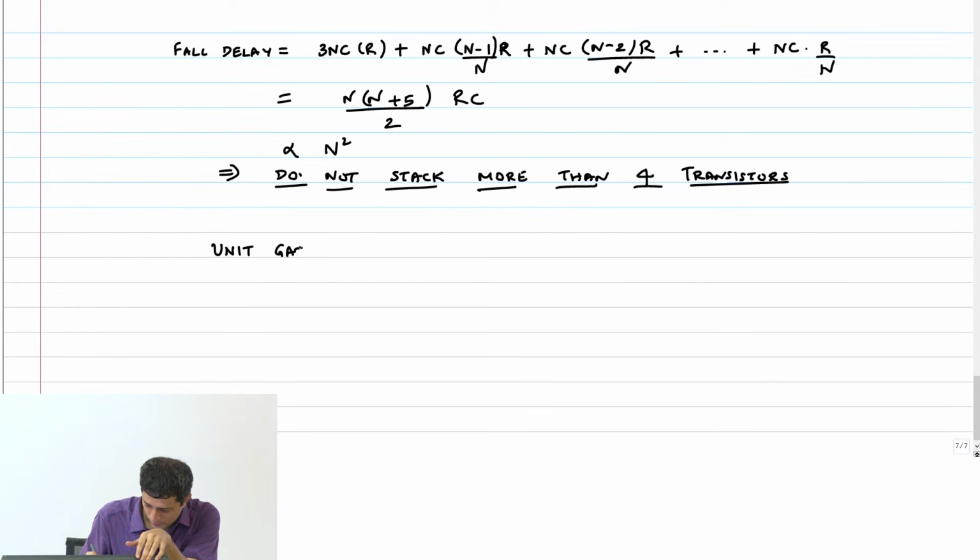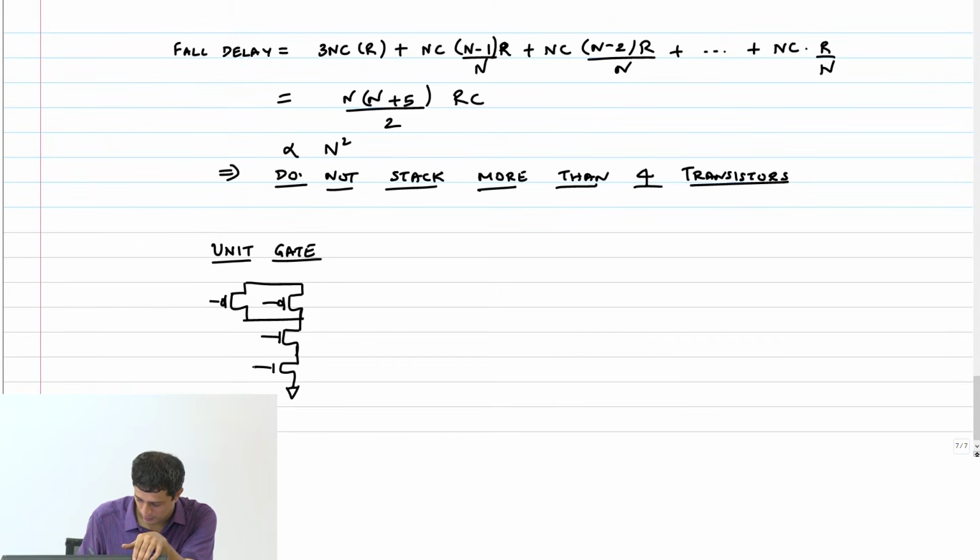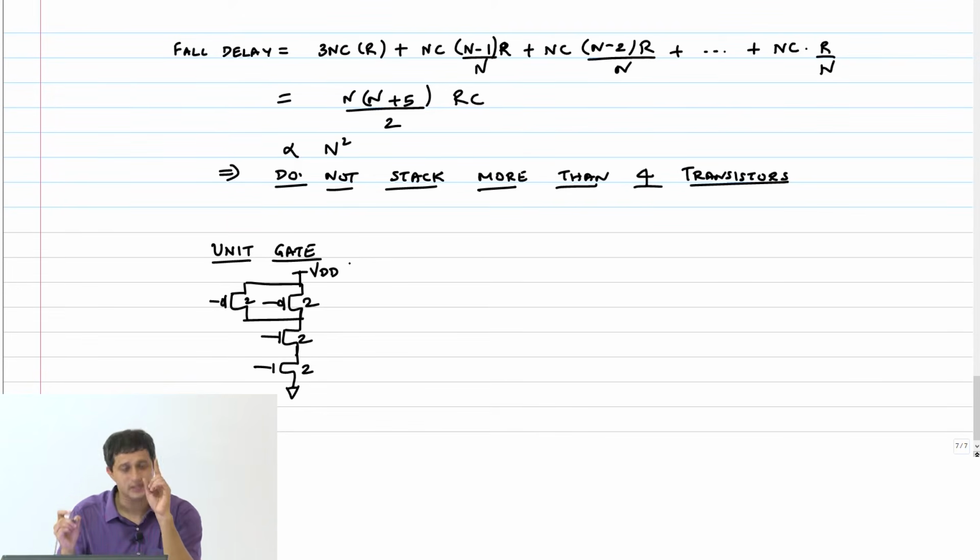So for example, a NAND 2 with sizes 2, 2, 2 and 2. This is what I call a unit NAND 2 gate.